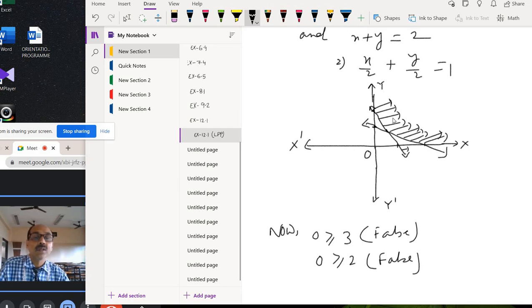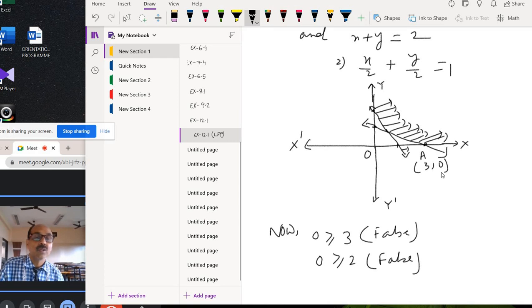Okay. So corner points are, this is 1 point. Take this as A, and what is the coordinate of this point? A is 3, 0, x3, y1. So it is 3, 0.